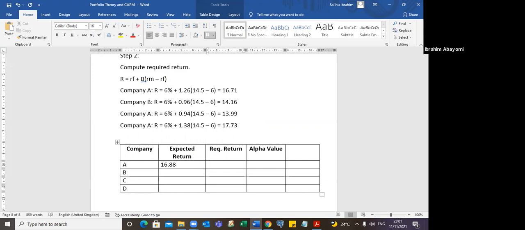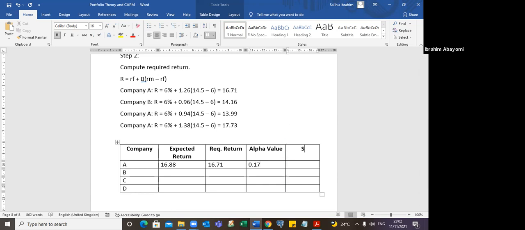The required return is 16.71. 16.88 minus 16.71, I have 0.17, and it is positive.